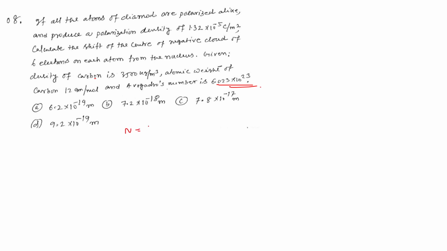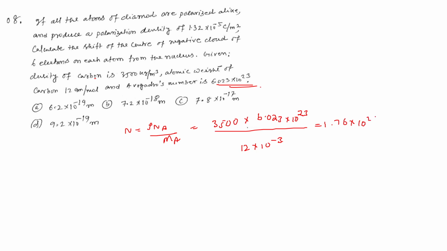So the n value will be rho Na divided by Ma. It will be 3500 into 6.023 into 10 to the power 23 divided by 12 into 10 to the power minus 3. So that answer you will get is 1.76 into 10 to the power 29 per meter cube. So that will be the n value.